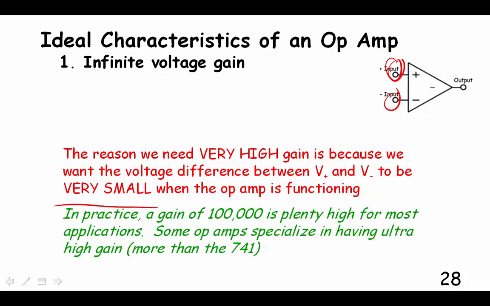So these two voltages should always be almost the same. And if we have infinite voltage gain, then they will be the same. But if we have 100,000 of gain, then the input of these two pins will be very, very close, still essentially 0 difference.